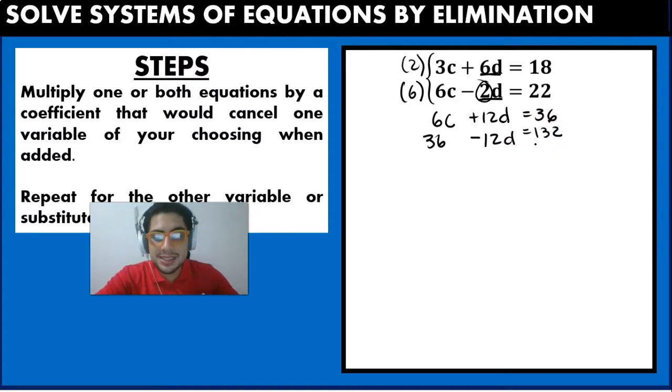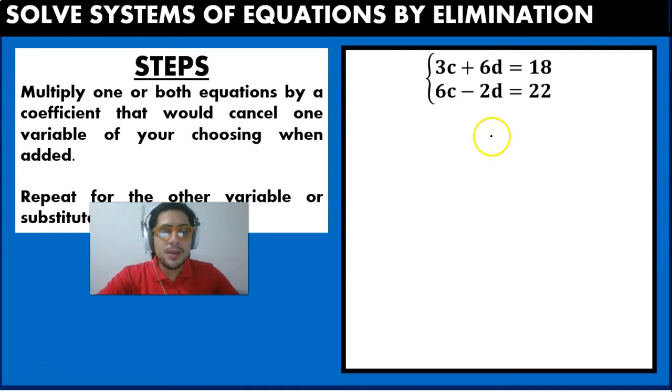Now, as you can clearly see in this case, 12d and minus 12d get canceled, and that is what you want to do. You want to eliminate them, right?